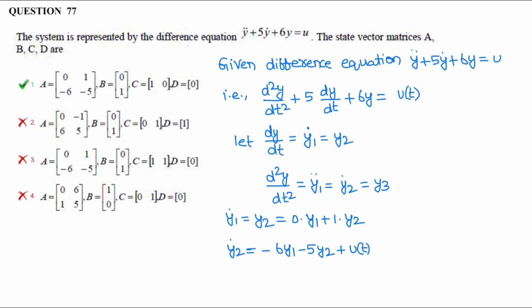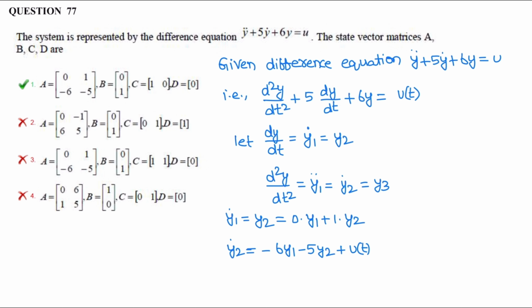Question number 77. The system is represented by a differential equation y double dash plus 5y dash plus 6y is equal to u. The state space matrices A, B, C, D are. Given differential equation is y double dash plus 5y dash plus 6y is equal to u. It can be written as d square y by dt square plus 5 dy by dt plus 6y is equal to u of t.